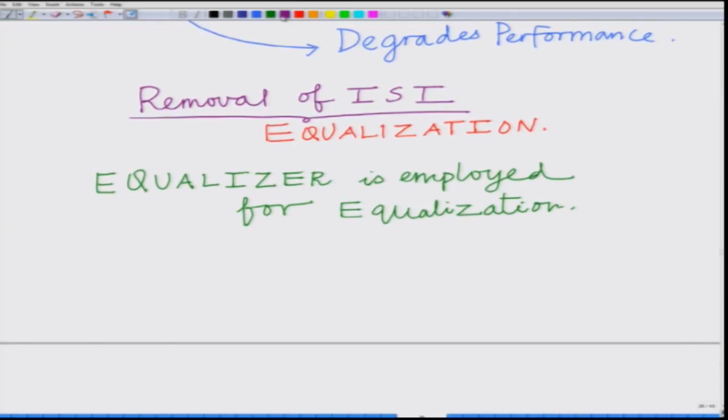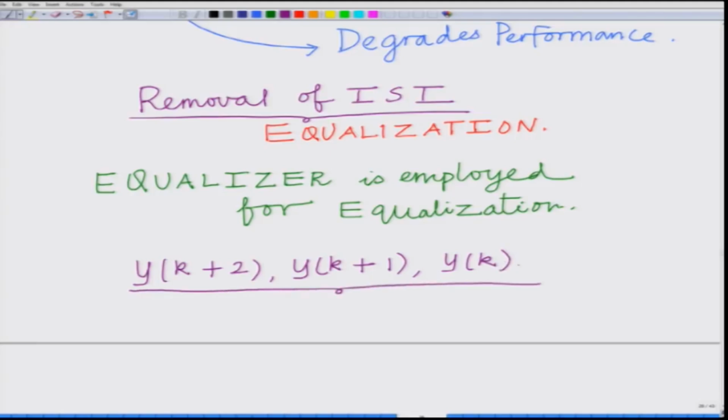We said we are going to employ received symbols yk plus 2, yk plus 1 and yk for equalization, that is, we are building an R equals 3 tap equalizer.